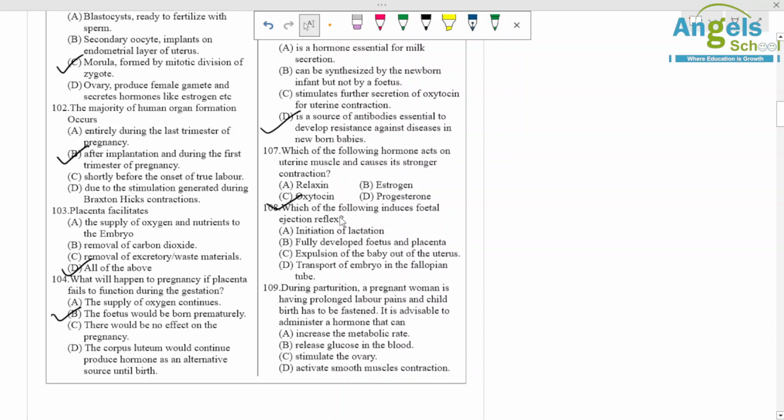So answer B is correct. During parturition, a pregnant woman is having prolonged labor pain and childbirth has to be hastened. It is advisable to administer a hormone that can activate smooth muscle contraction so delivery can easily happen.